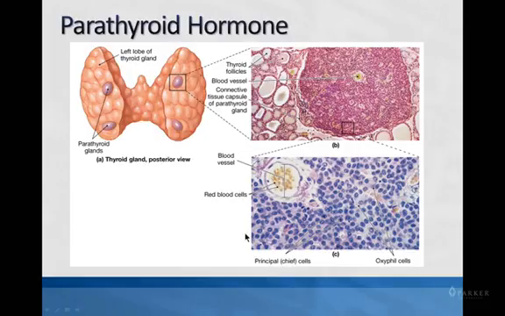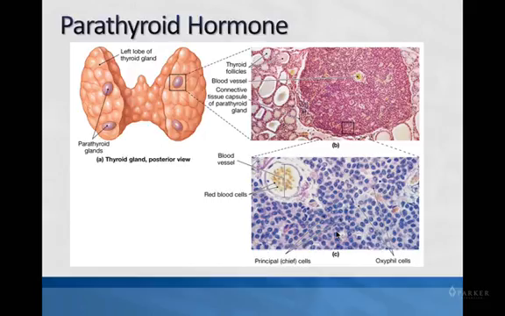We're zooming in on the parathyroid gland, and you have various cell types in there. Most of the cells are making parathyroid hormone. They're tiny little organs right on the back aspect of the thyroid gland.